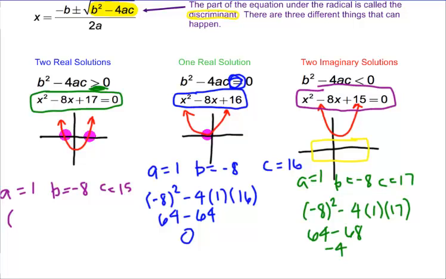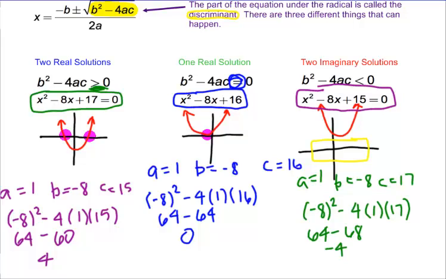So b squared, use parentheses, minus 4 times a times c. 64 minus 60. This one is positive, and since it's positive, that means it's going to have two real solutions. Okay? And that's how you can use the discriminant.